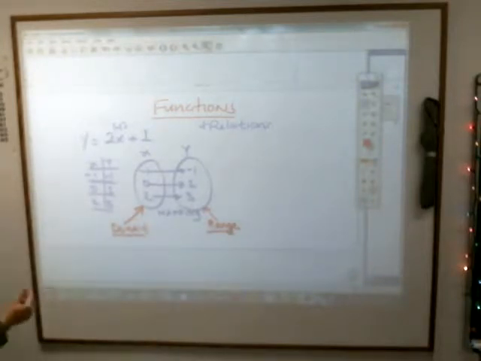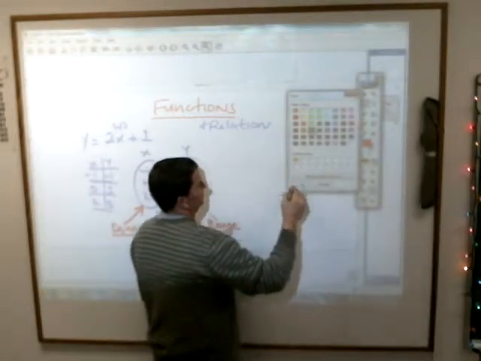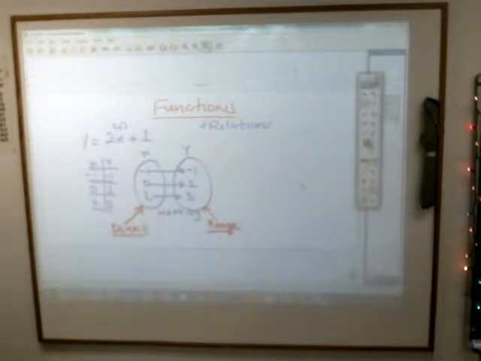And in order to really get what they talk about with functions, here is what you need to write down.